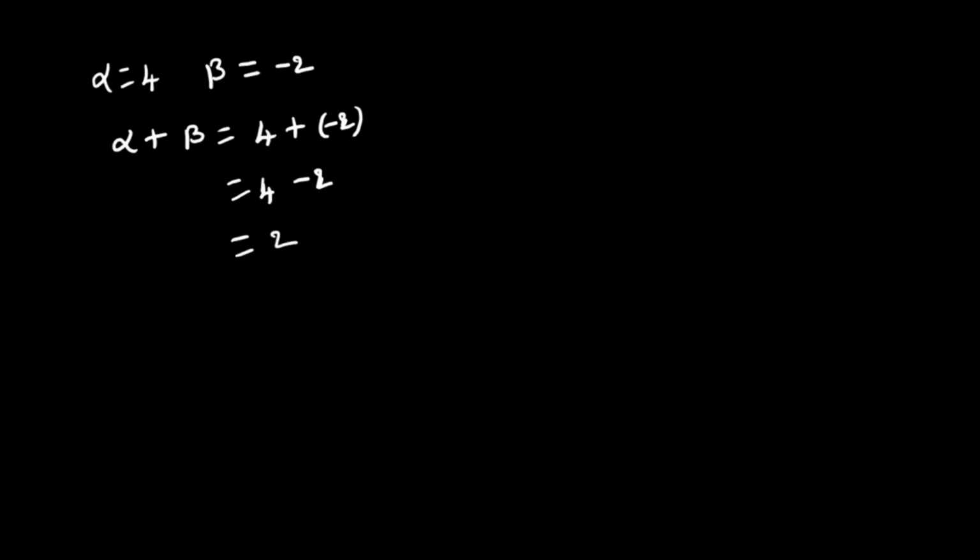Here is a very important point I must share with you. Here I am writing the actual formula for alpha plus beta. Alpha plus beta means the sum of the zeros. The sum of the zeros is minus b by a, and the product of the zeros, alpha into beta, is c by a. So what are minus b by a and c by a here?